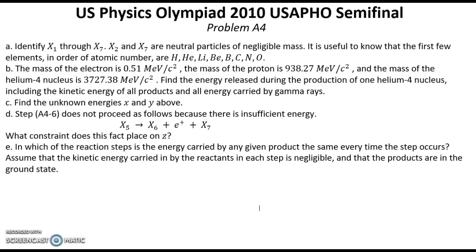What constraint does this fact place on Z? And question E. In which of the reaction steps is the energy carried by any given product the same every time the step occurs? Assume that the kinetic energy carried in by the reactants in each step is negligible, and that the products are in the ground state.